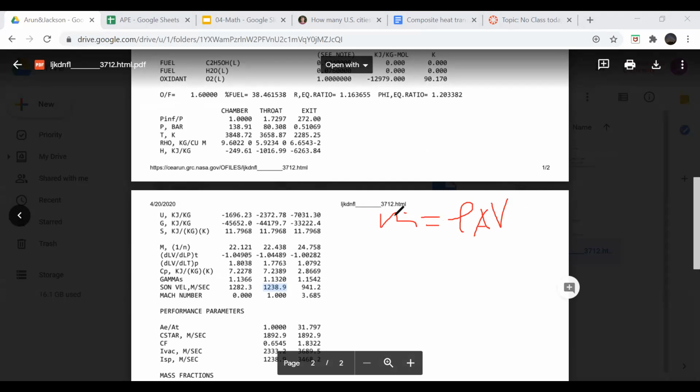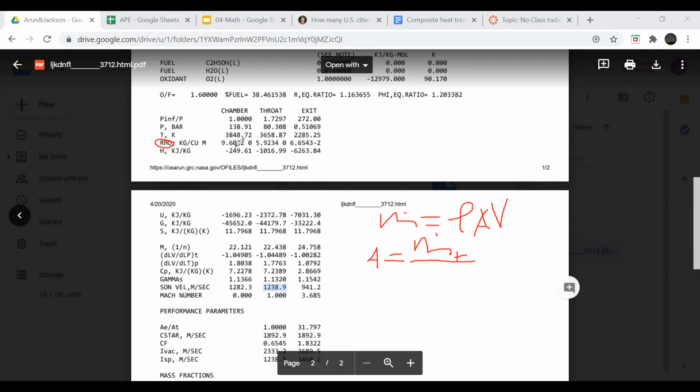We have 1, 2, 3. So your cross-sectional area is m dot total, the total mass flow that we just solved for, divided by the flow density, which is denoted by rho up here.